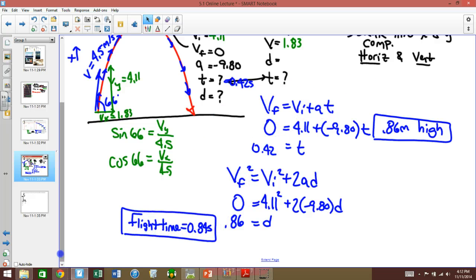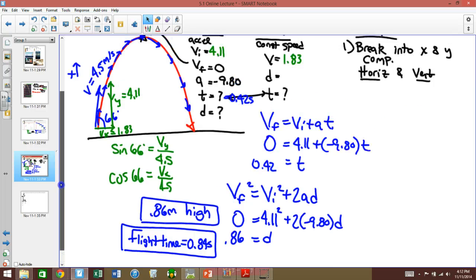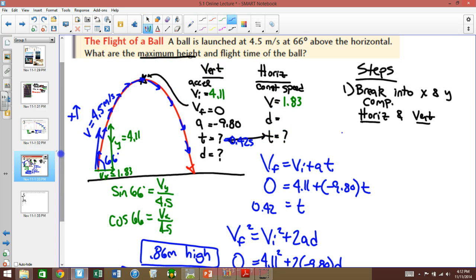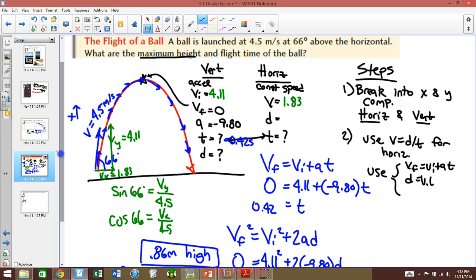I broke it down into its X and Y components, and then I used the appropriate equations for the horizontal, and I used the big 3 for the vertical. The time is the key, though.